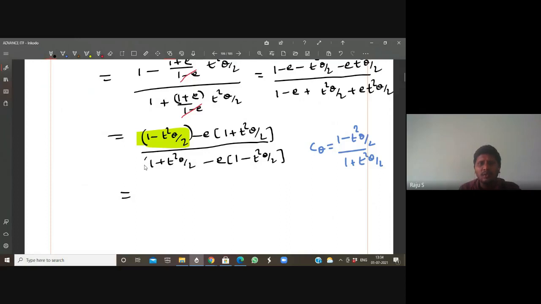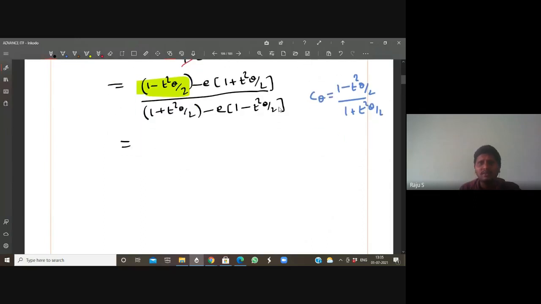Okay, so what I want to do is divide the numerator and denominator by 1 plus tan square theta by 2. Otherwise, in the numerator and denominator we can take this 1 plus tan square theta by 2 as common. Take it outside, or else divide numerator and denominator by 1 plus tan square theta by 2.